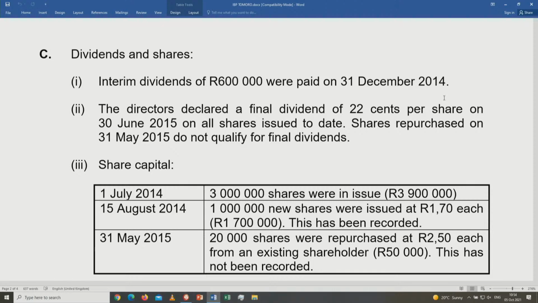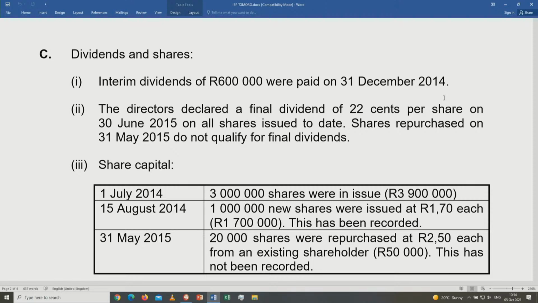Remember, we declare a final dividend at the end of the year, and then that will be paid when? In the next financial year. Shares repurchased on 31st May 2015 do not qualify for final dividends.